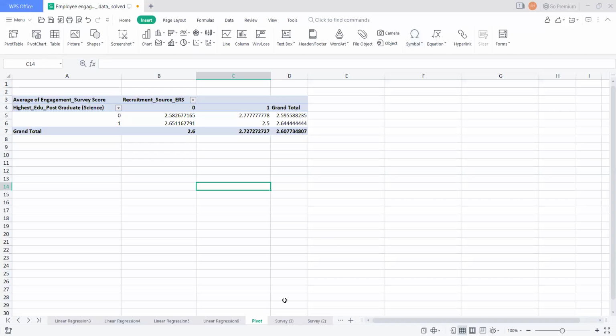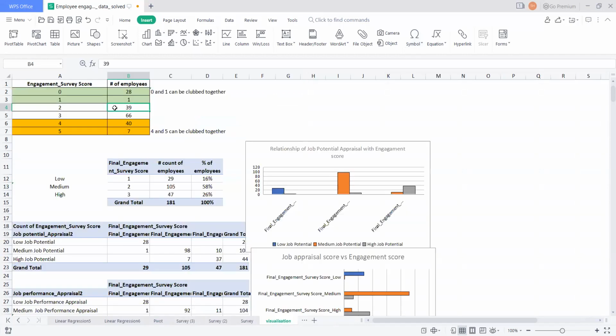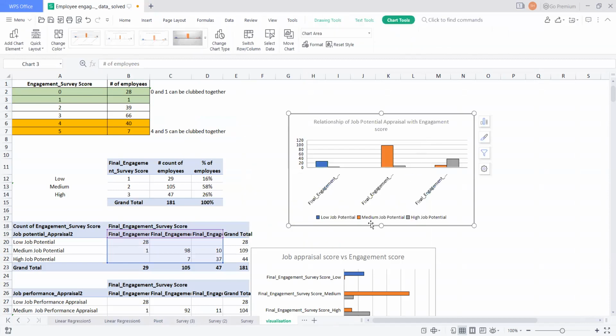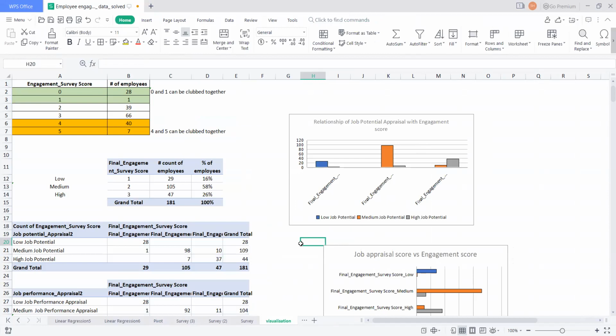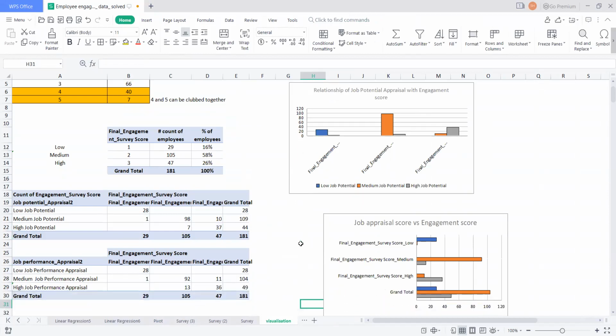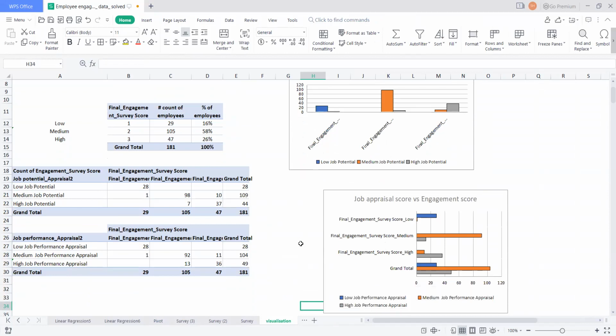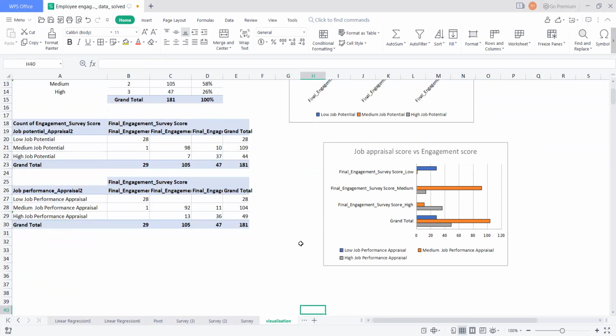So here's the pivot table, and then we've taken the data into the visualization tab. One of the first things to do is to understand that perhaps between 0 and 5, we can club some of these fields so that we get a low, medium, high type of understanding of the data. So yes, this is something which is going to help us. And then once we have done that, we want to look at how this data works around job potential, job performance, and appraisals.